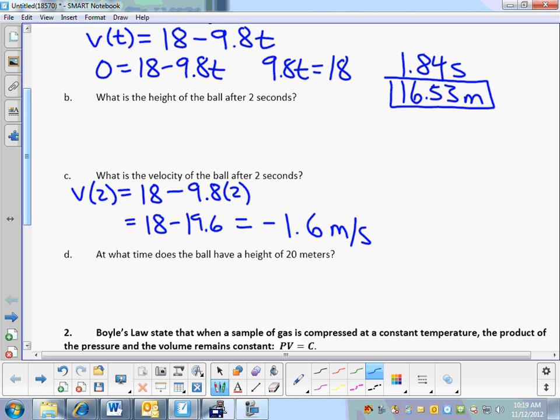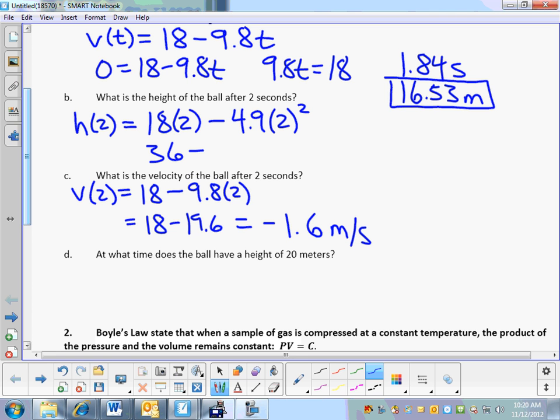Very good. If I wanted to know the height of the ball after 2 seconds, I would plug that into the original. So h of 2 is equal to 18 times 2 minus 4.9 times 2 squared. And what do we get?